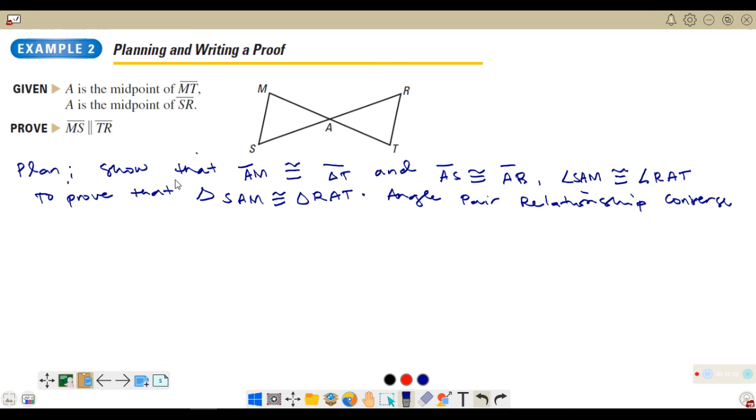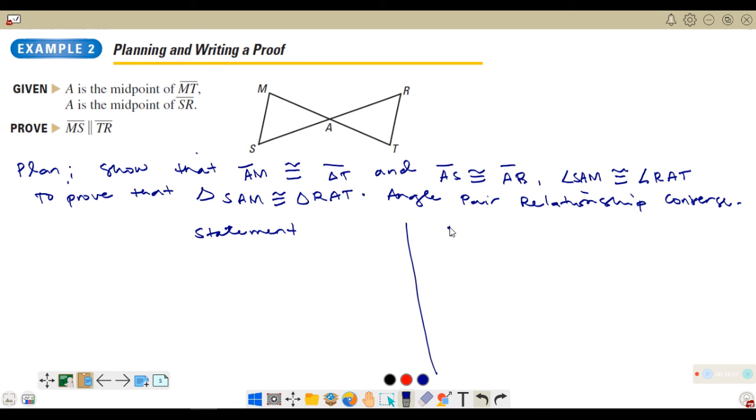So, dito, converse naman ng isa dun sa mga angle pair relationship na binanggit ko kanina ang gagamitin natin. Okay? So, let's go ahead and write the proof for this problem.